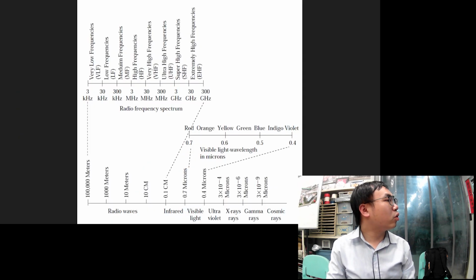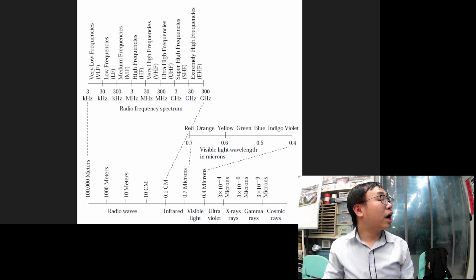Before we go through the wavelength, I'm going to talk about this first. Usually we will draw a line at 3 megahertz. After 3 megahertz, it ranges from high frequency to extremely high frequency.